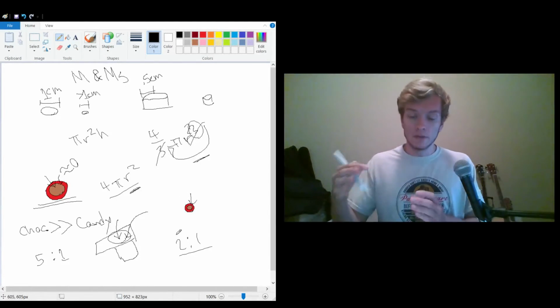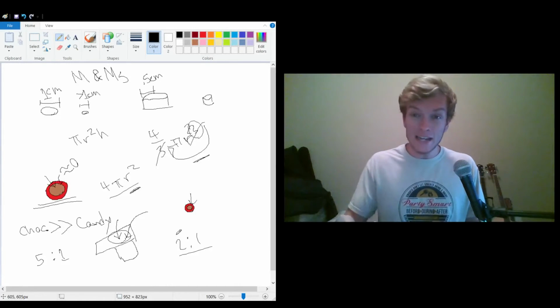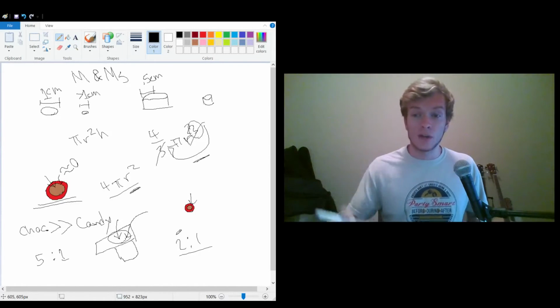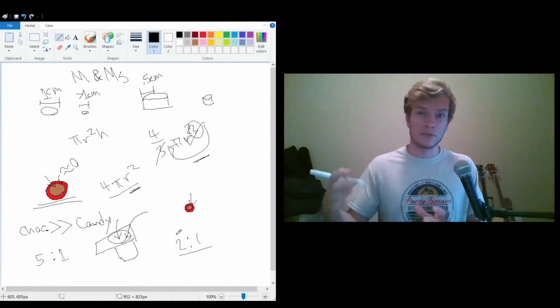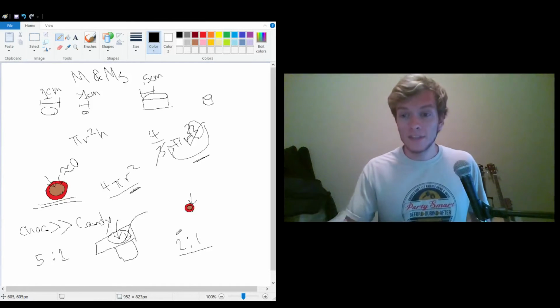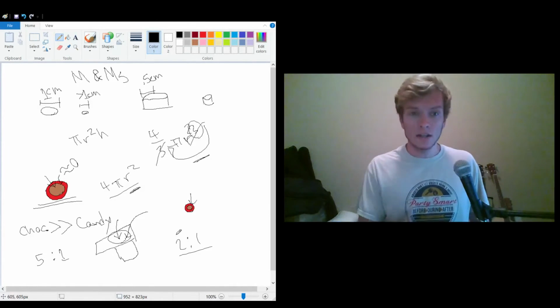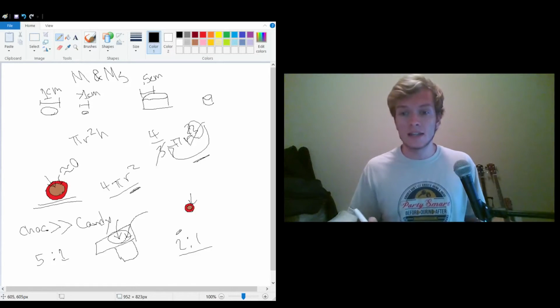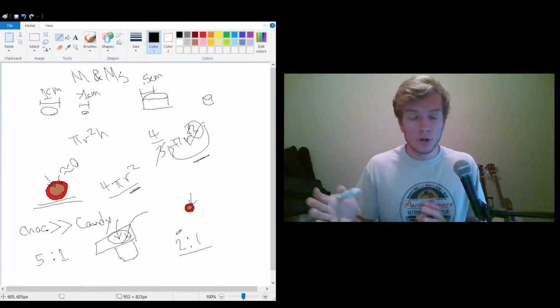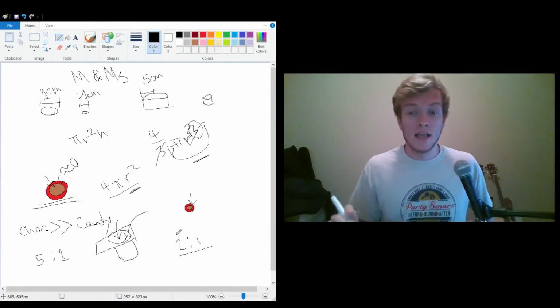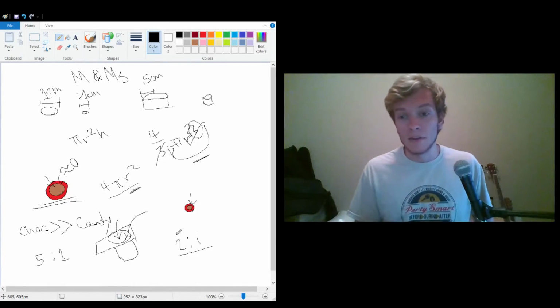So the sheer amount of candy you're actually getting with a miniature M&M is a lot more in a given volume. And so this is the reason that a lot of people tend to like the miniature M&Ms more than they like the regular M&Ms. This idea that there is actually more candy per bite, if you want to say that, than there is in a normal M&M.